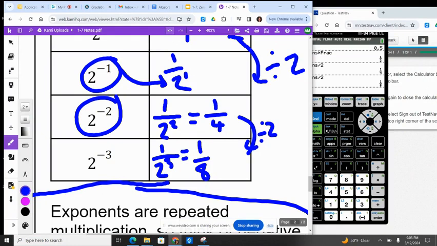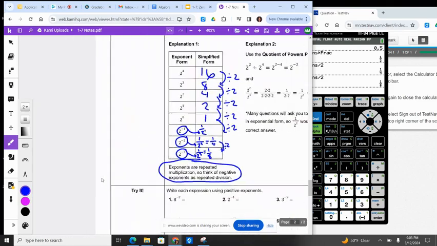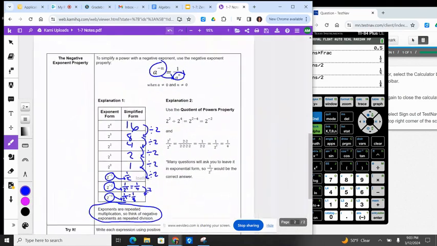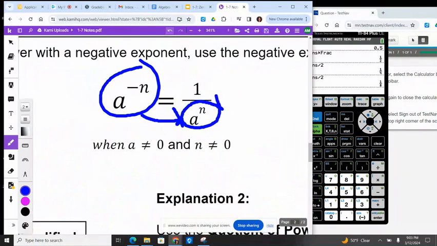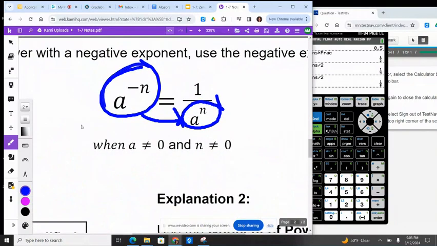Here I'm taking this 2 to the -2, I'm throwing it down into the denominator and making my exponent positive. 2 to the -3rd, I'm throwing it down into the denominator and making it positive. That's what I did up here. See how I took this negative exponent, this power, and I threw it into the denominator, put 1 over it, and then made my exponent positive.